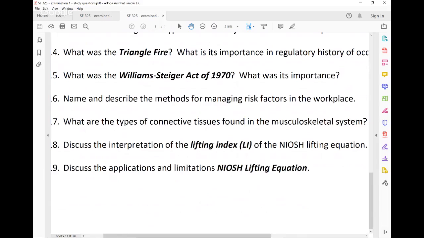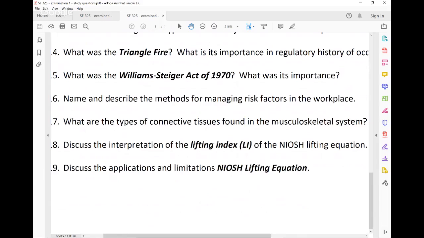How much are you over the recommended weight limit? So you're 2.3 times over what the recommended weight should be. An easy example: you did the calculation and your recommended weight limit was 10 and the actual load in your lift is 23.